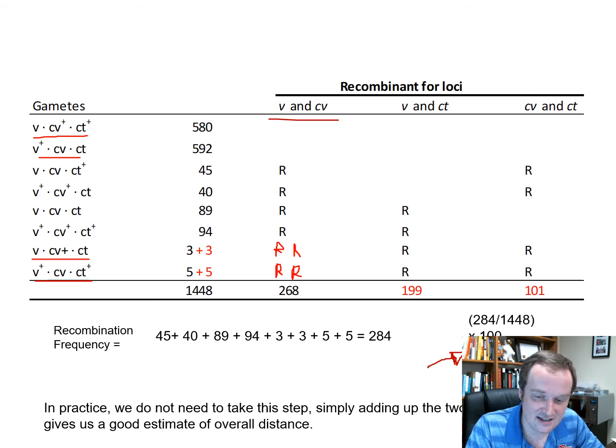So adding the 6.4 and 13.5 or whatever it was would give us our correct distance on the outside. So this step, while it does give you a way of double checking your work, you can also just get away with adding the two smaller values together to get the overall distance of the two outside genes.